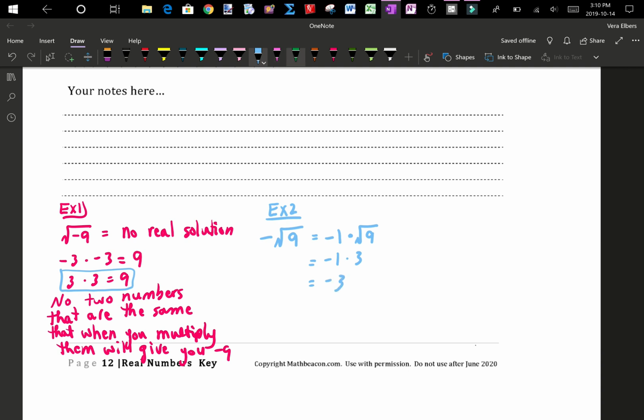Okay, third example. Let's say you have 4 and then square root bracket, and then inside, 30 minus -19. First of all, putting a 4 in front of the bracket should remind you that that means to multiply.